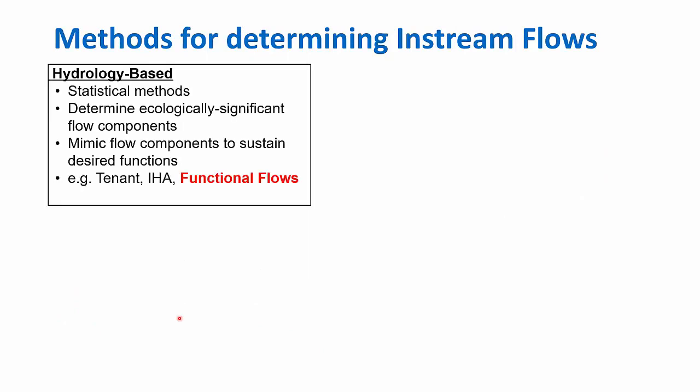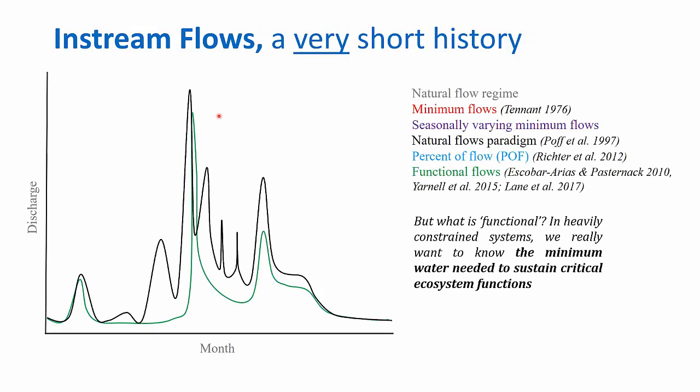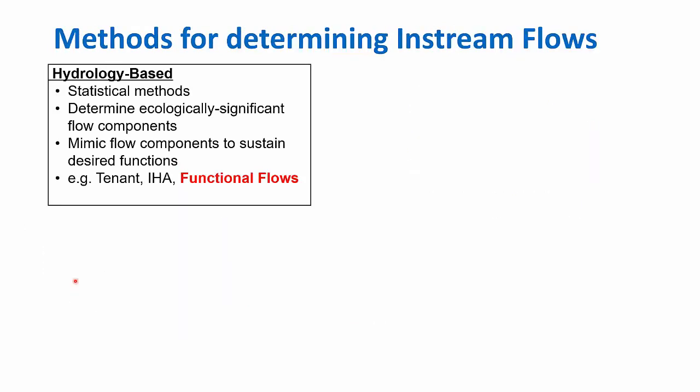Let me explain some of the methods for determining these in-stream flows. One group is called hydrology based and ecohydrology. These are mostly statistical methods that try to determine the ecologically significant components, those that I was mentioning here, and mimic some of the desired functions. I'm going to explain more of those in detail.